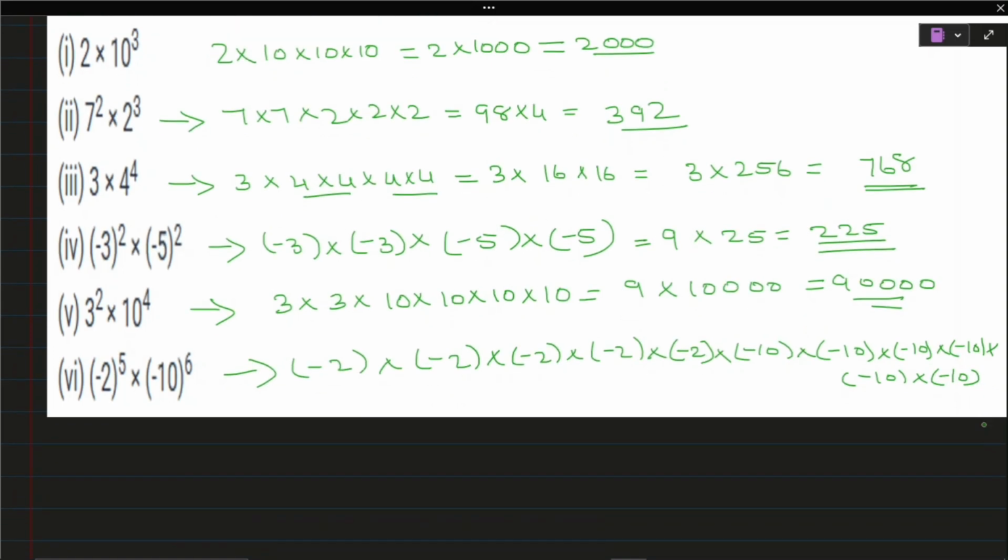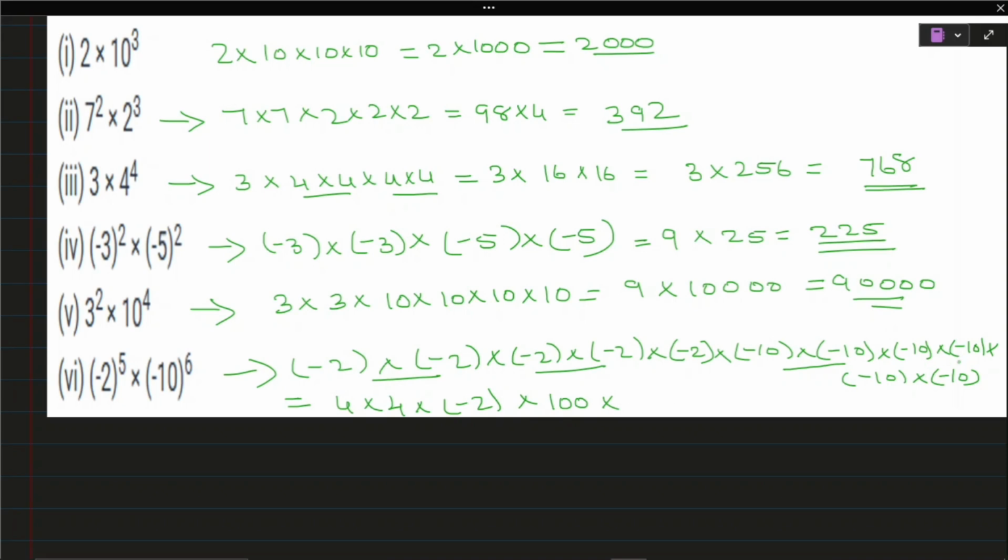Now we have to multiply all these things. So this answer becomes minus 2. 2 pairs you can take. So this becomes 4, again 4, and one more minus 2 is there, that we can write minus 2. Now minus 10 into minus 10, these two we can take. That means minus into minus is plus, 10 into 10, 100.